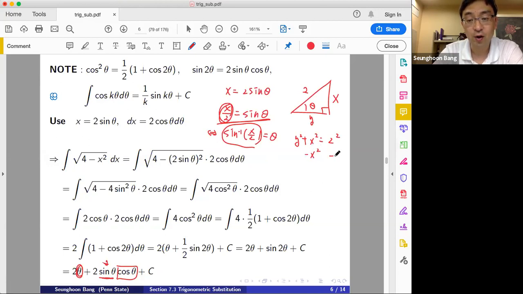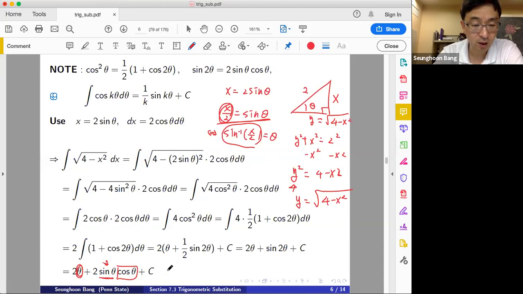Subtract x squared from both sides: y squared equals 4 minus x squared. This y value is just a positive number, we don't deal with negative numbers. Taking the square root, y equals the square root of 4 minus x squared.